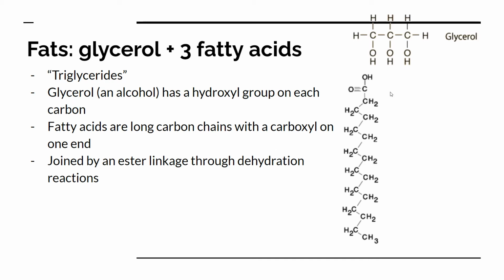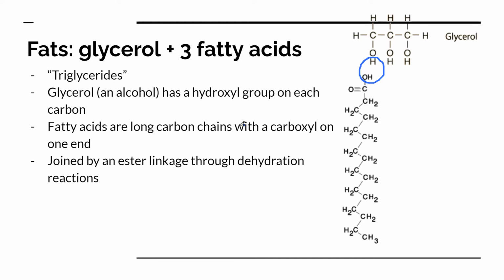And so the way that these molecules are put together is through a dehydration reaction, just like all of our other molecules. If we remove 2 hydrogens and an oxygen from here, there's our water that we pull out. That forms a bond between this carbon, this oxygen, and this carbon.